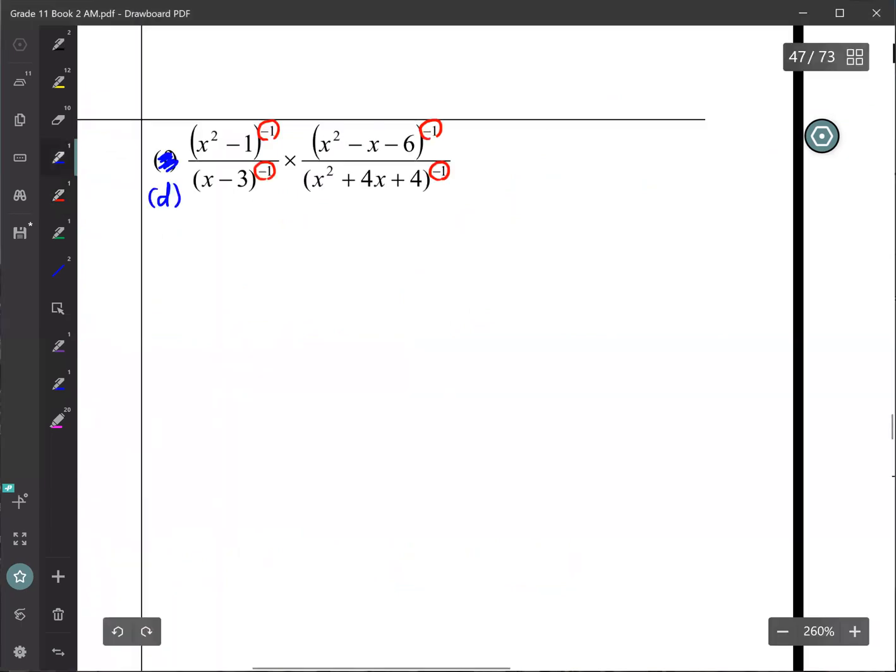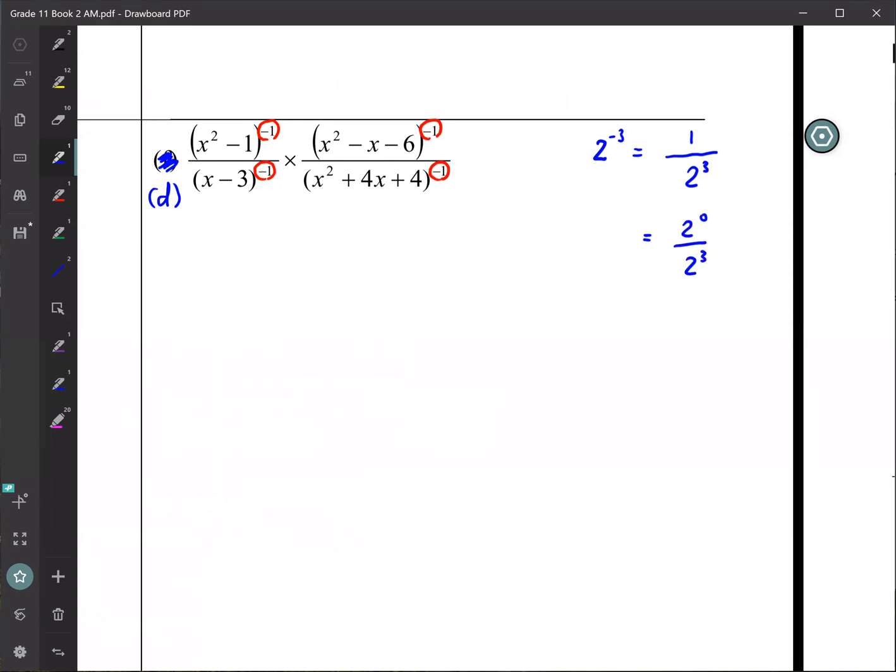For example, if you remember from exponent rules, 2 to the -3 just means the denominator has 3 more 2's than the top. So it's the same as 1 over 2 cubed, because it's the same as 2 to the 0 over 2 cubed. 0 minus 3 gives you -3, and 2 to the 0 is 1. So a negative exponent just flips it to the other side.